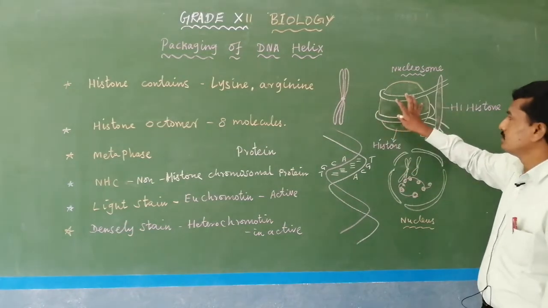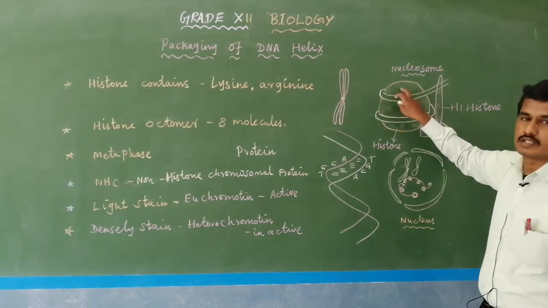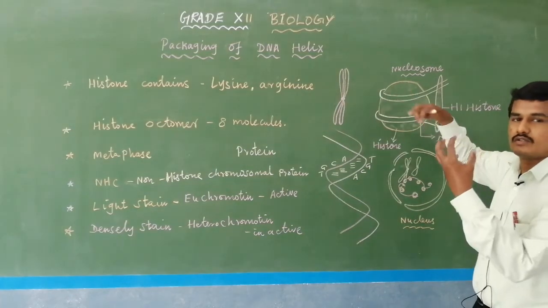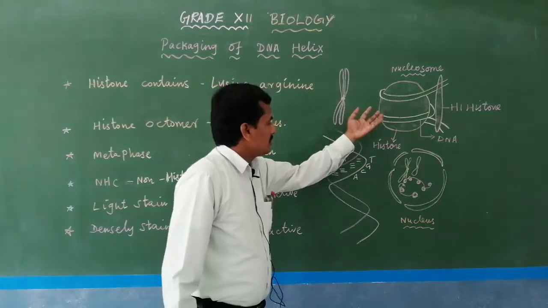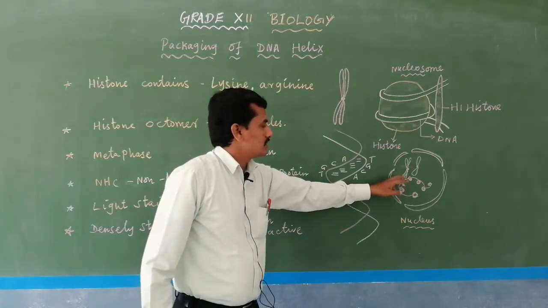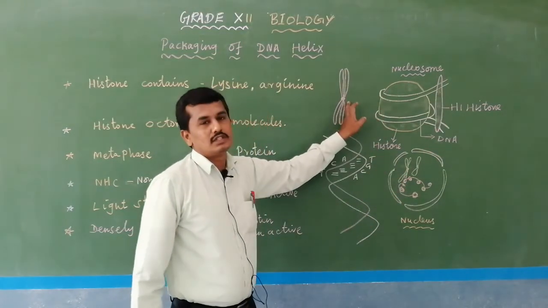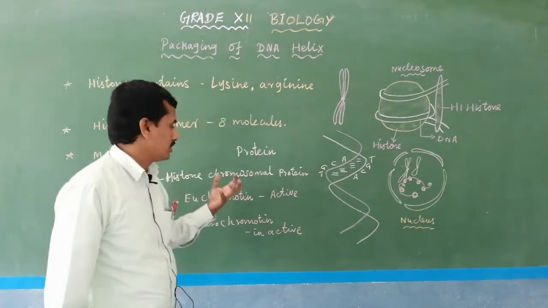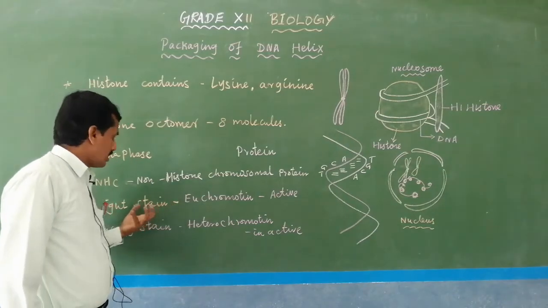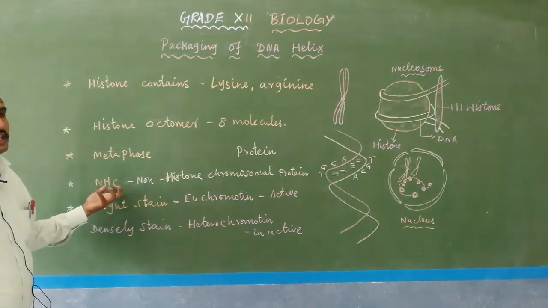Normally, DNA is wrapped around histones, but for condensation into chromosomes during cell division, the cell needs the non-histone chromosomal protein, that is NHC.